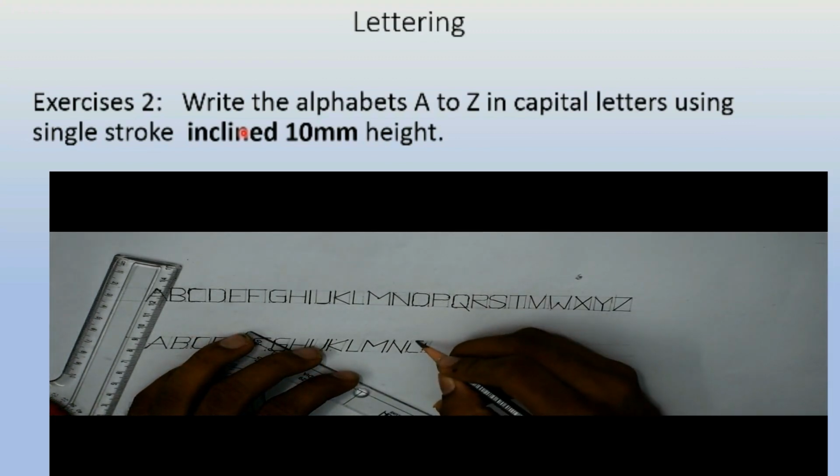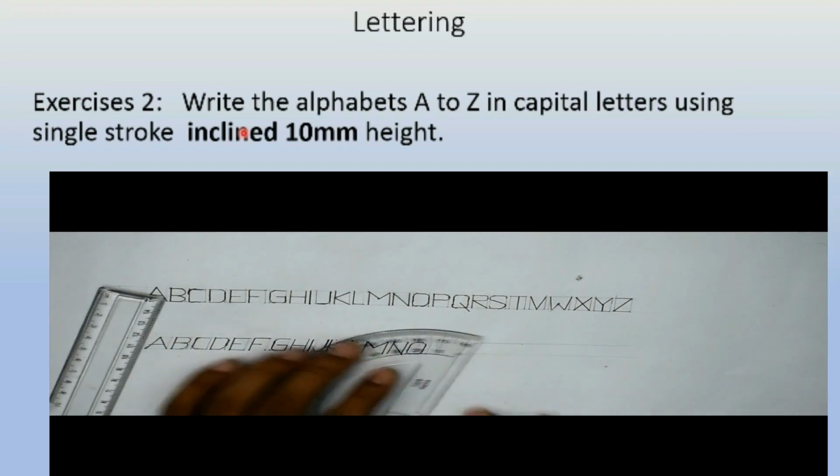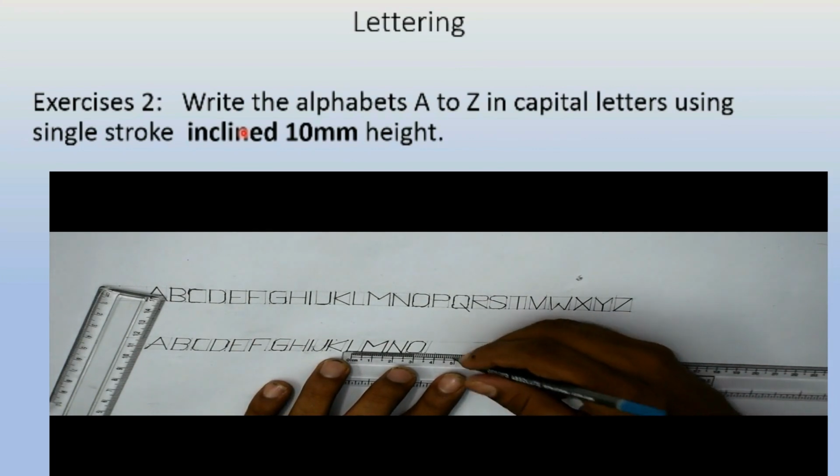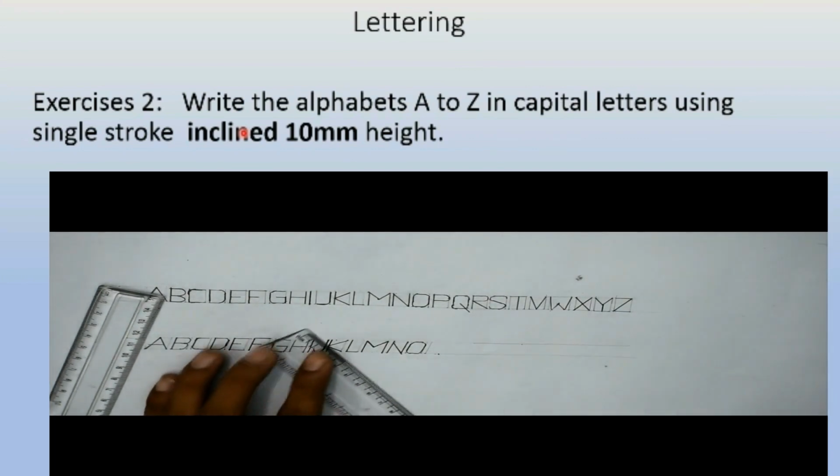Just join this. And this is the letter P. It should be 7 mm. It comes here.